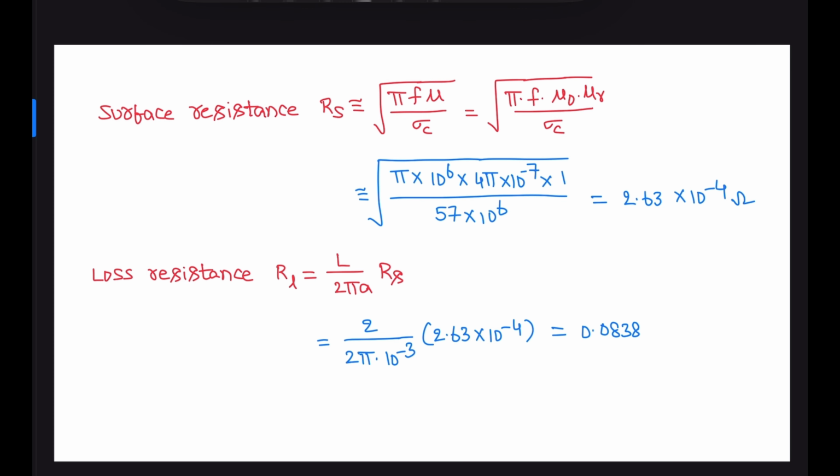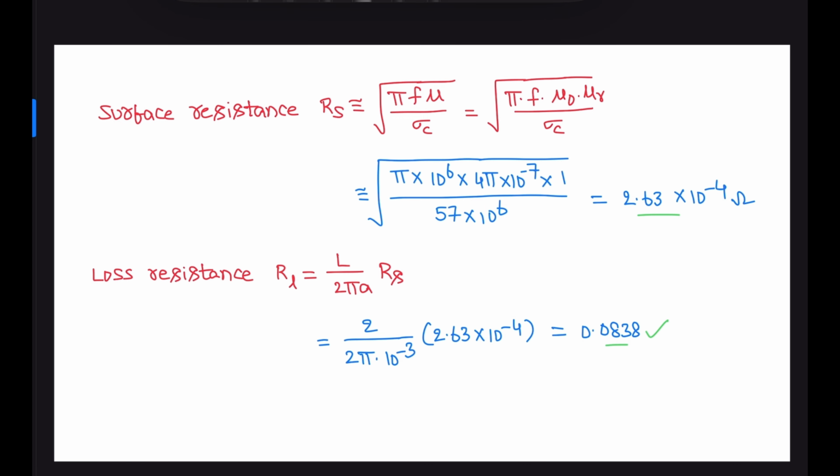Mu naught is 4 pi into 10 power minus 7, frequency is 10 power 6, conductivity sigma c is 57 into 10 power 6. From this, surface resistance is 2.63 into 10 power minus 4, and loss resistance RL is equal to L by 2 pi a, L is length, 2 pi a is circumference, into Rs, surface resistance. From this, loss resistance is 0.0838.